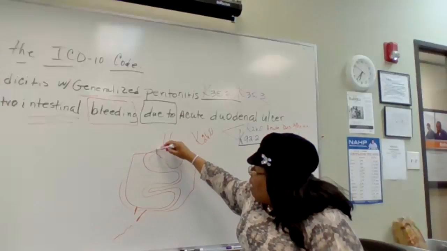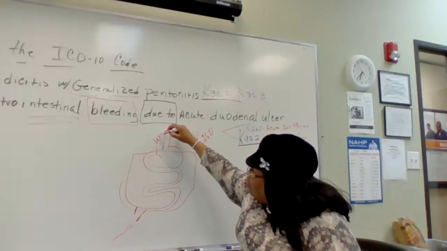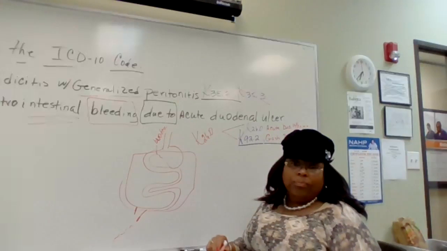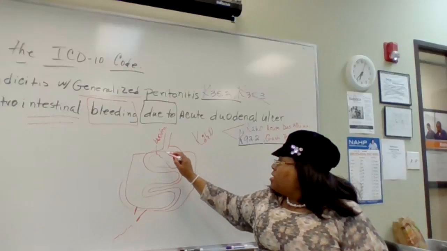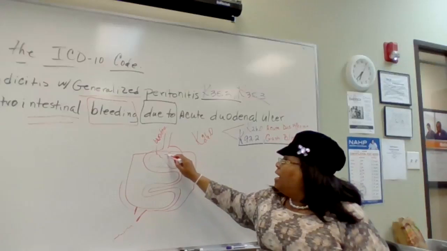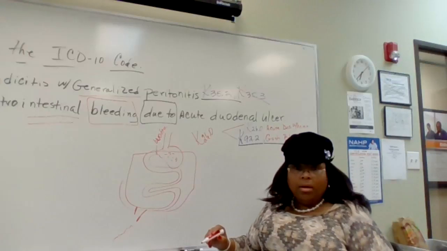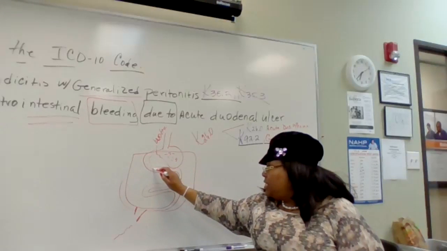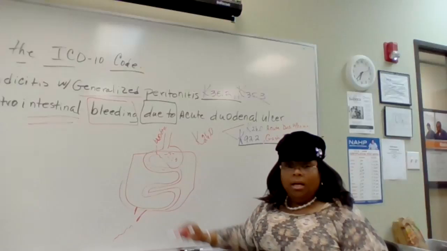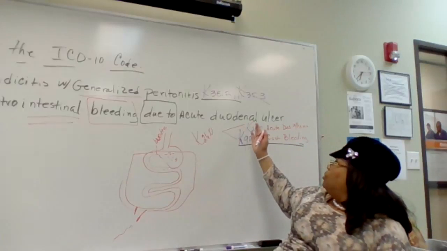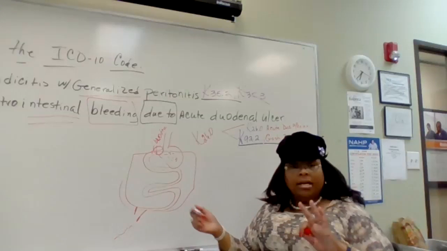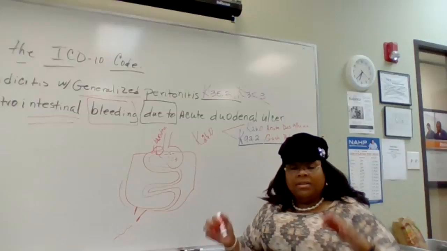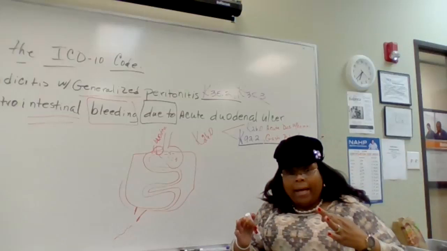Right here is the duodenum, D-U-O-D-E-N-U-M, that's right there at the opening of the stomach. So you can say, as this part, gastro, which is stomach, intestinal, which is the small intestine, bleeding due to duodenal ulcer. It's all connected. It's not talking about just one spot.